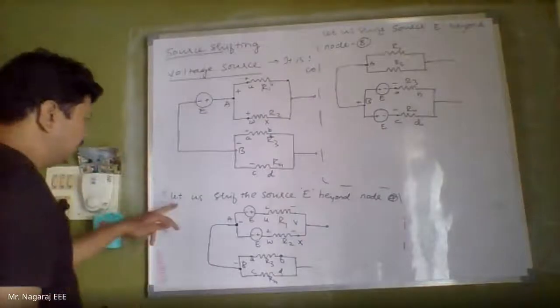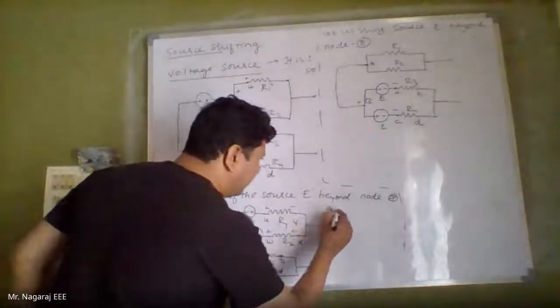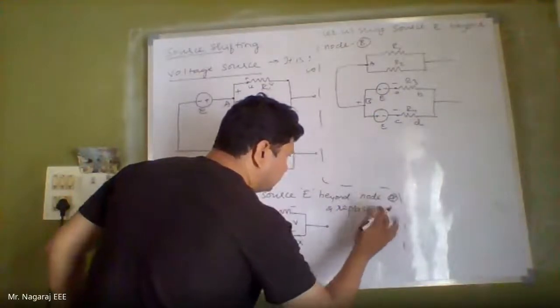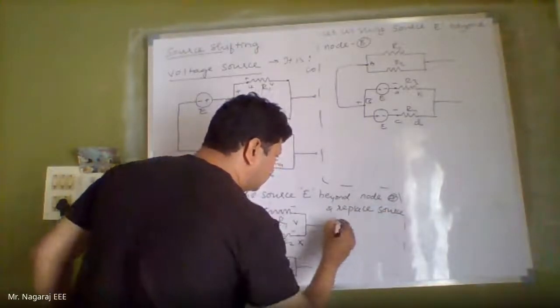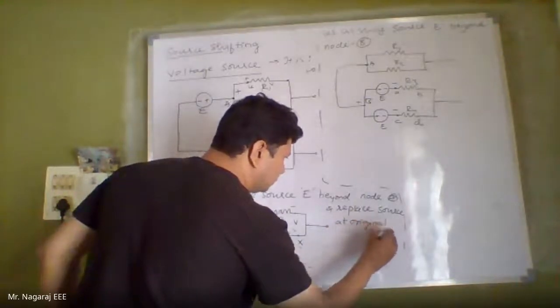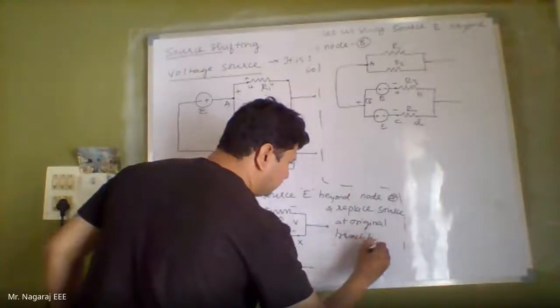Here, one point. Let us shift the source E beyond node A and replace the source at the original branch by a short circuit.